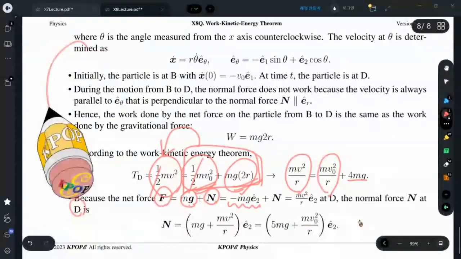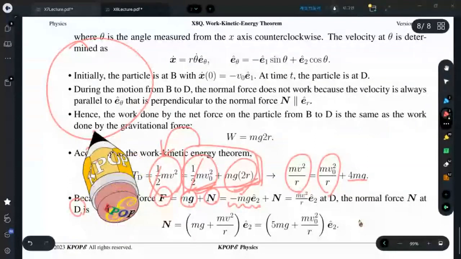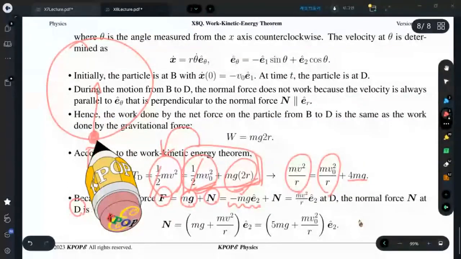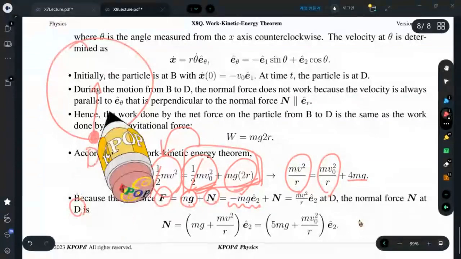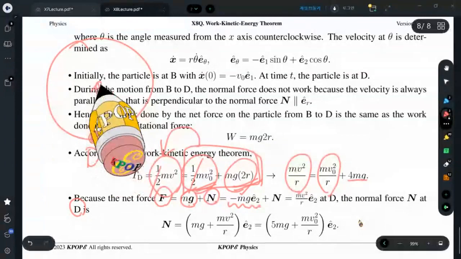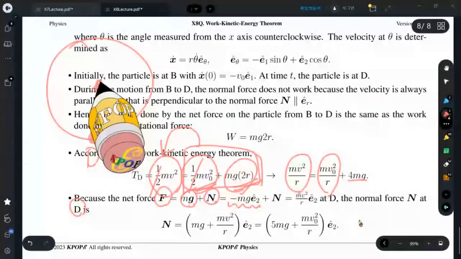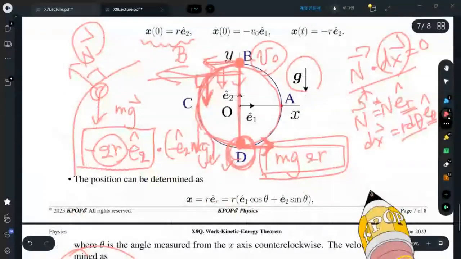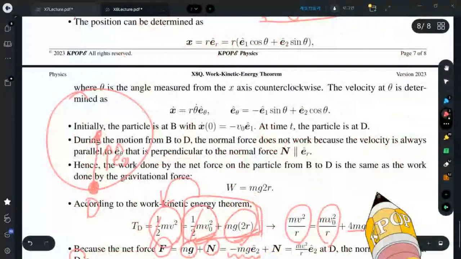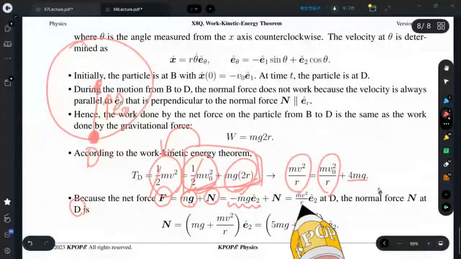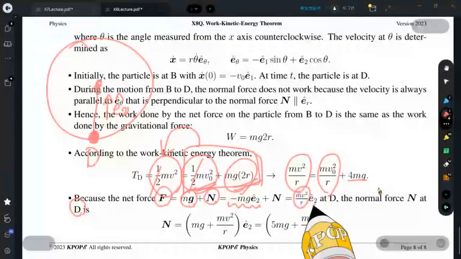at point D, it is making a uniform circular motion at this point, and we have centripetal force toward the origin, and toward the origin, this is e2 hat. Therefore, centripetal force is m v squared over r toward the origin.